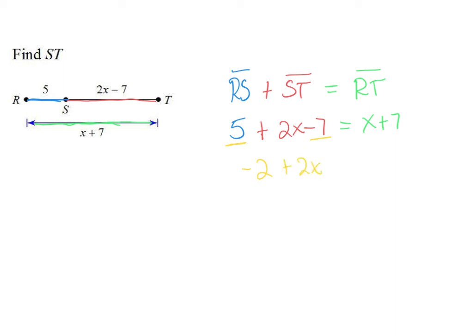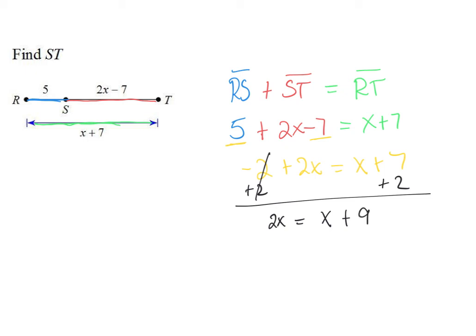Keep everything else. Then I'm going to solve. So I am going to add 2 to both sides. Leaves me with 2x equals x plus 9. Subtract x on both sides. So 2x minus x is just x equals 9.